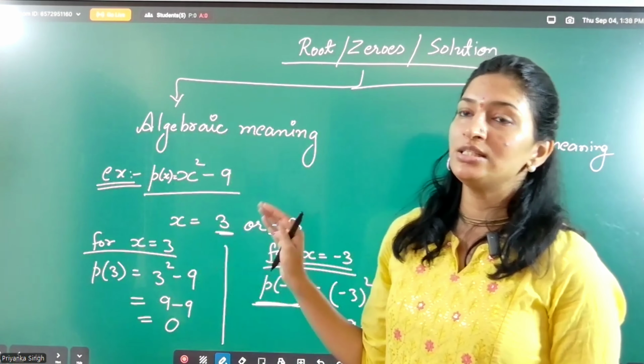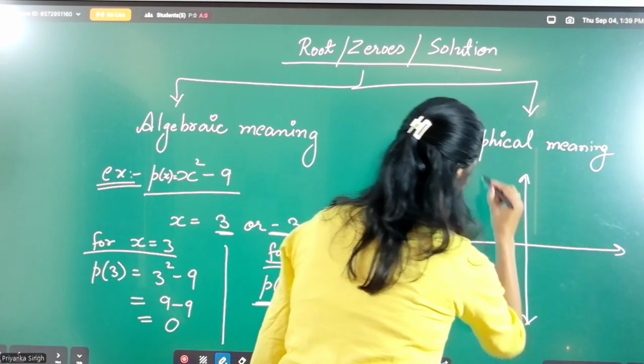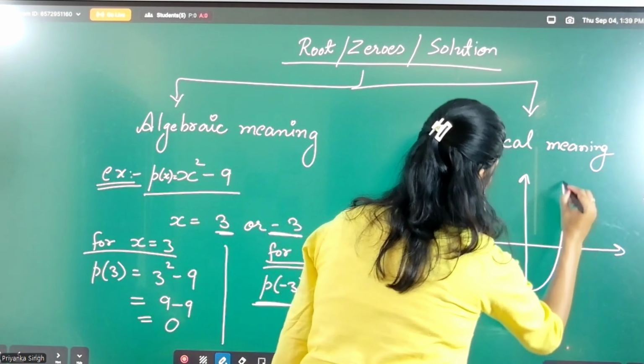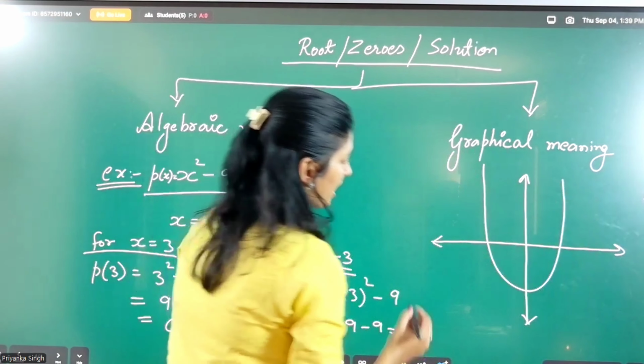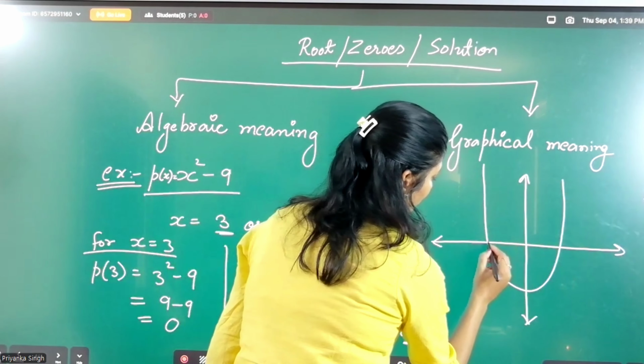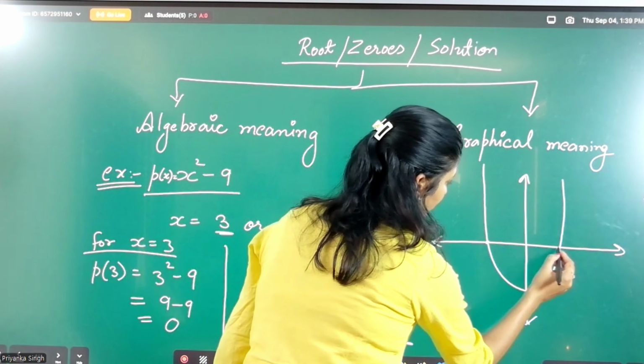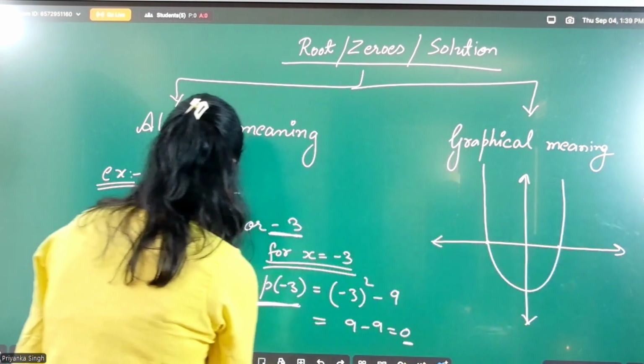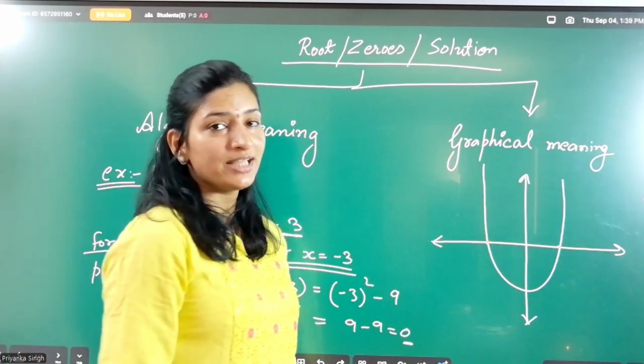Now let's see what is the graphical meaning of this. In the graphical representation, if we are given a polynomial and we plot the graph for that polynomial, suppose we are given a quadratic polynomial and its graph is coming out to be something like this. We have to see at what points that graph is touching our x-axis. As we can see here, at this point and this point, our graph is touching the x-axis.